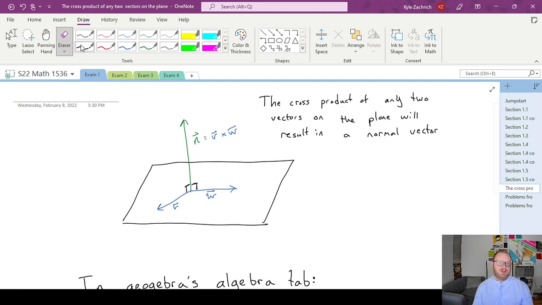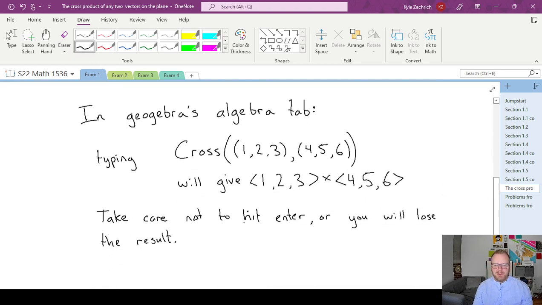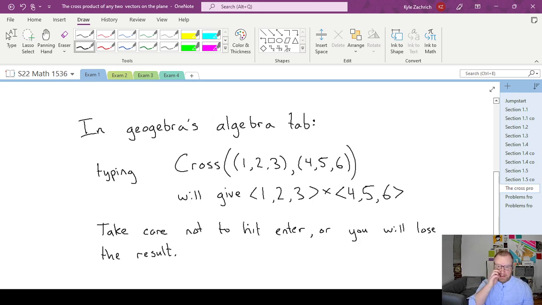The second thing I want to show you, since you'll be doing probably at least 6 cross products during the exam that you have coming up at the end of the month, I've decided to let you use GeoGebra to calculate the cross product. My thought is I'm more concerned with having you understand the concepts of planes and plane geometry than I am with the computation of this cross product.